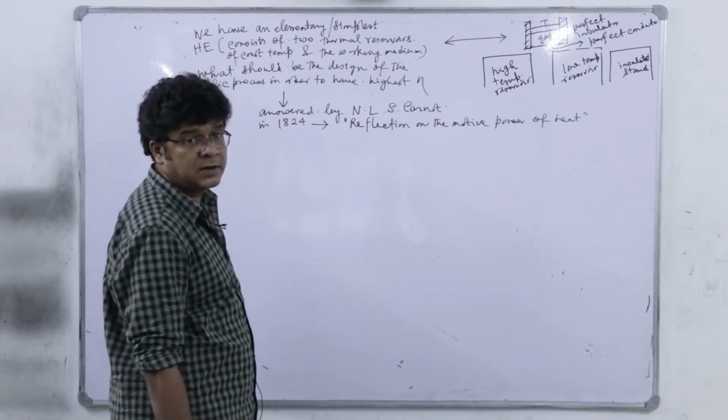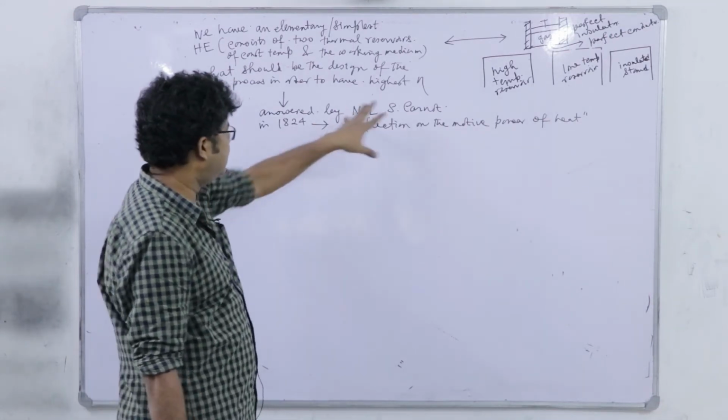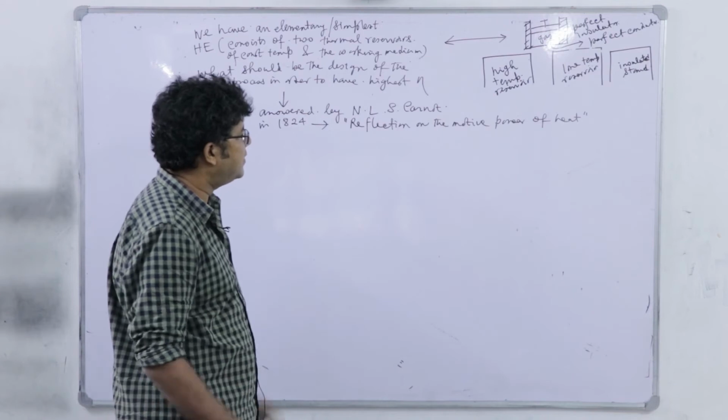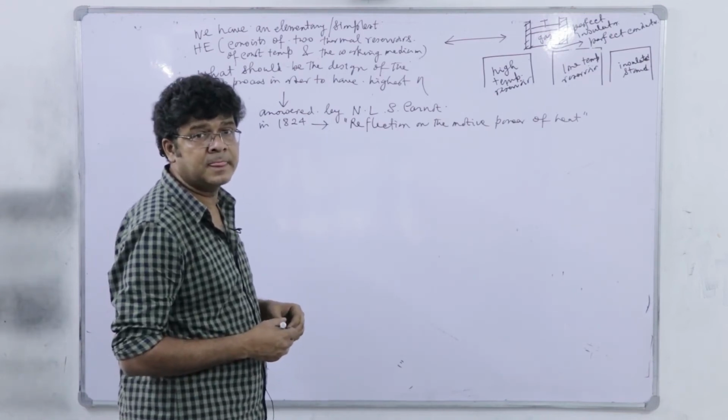At that time in 1824, he was only around 18 years old. And in his monograph, he established that it must be a reversible cycle.